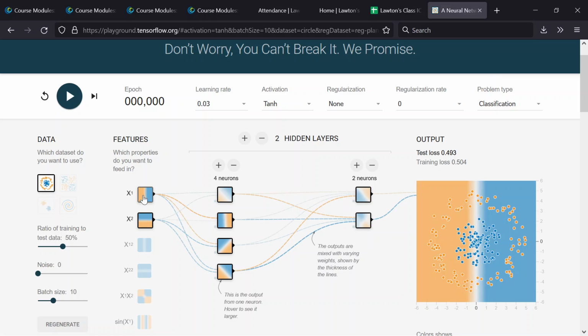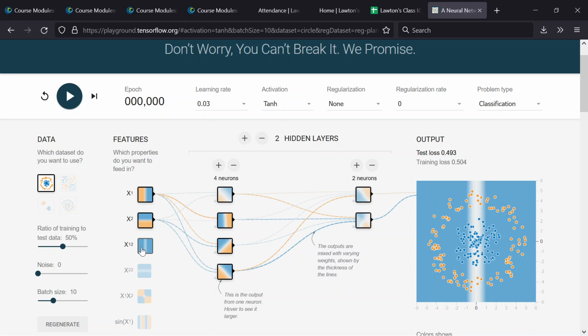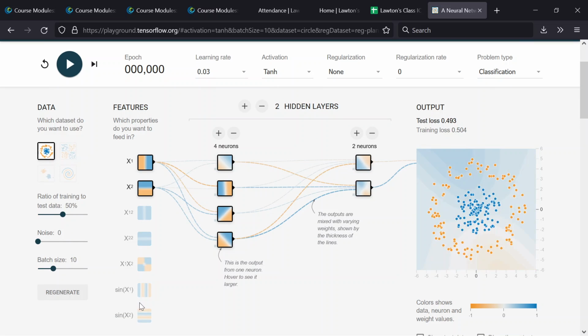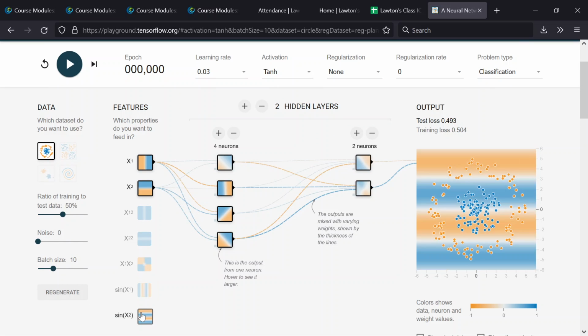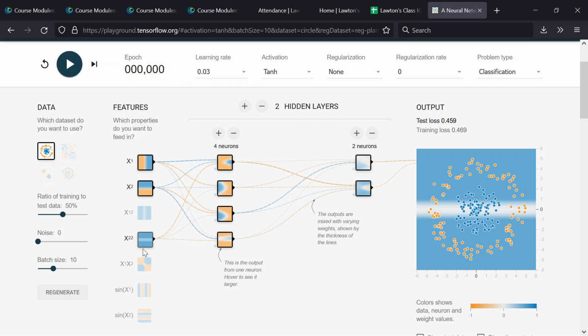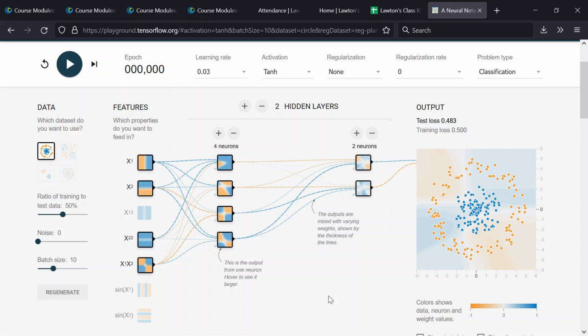So you can think of x1 as the x coordinate and x2 as the y coordinate. And x1 x2 is their multiplication, one's the sine of x1, one's the sine of x2, stuff like that. And so that's your input, and you can choose which pieces you want as inputs to your neural network. Maybe you only need x1 and x2, who knows.